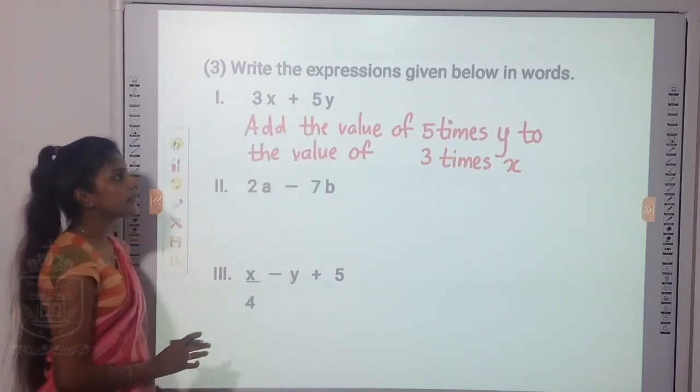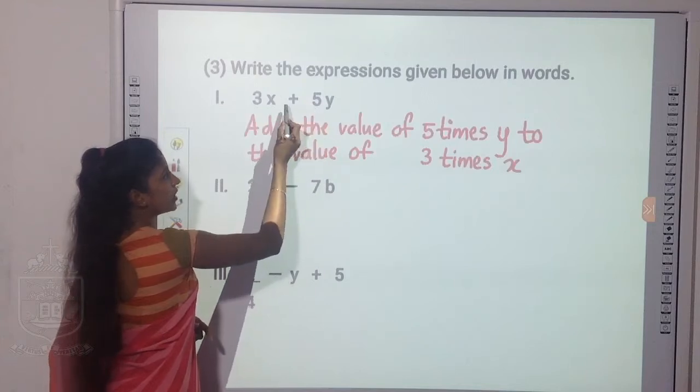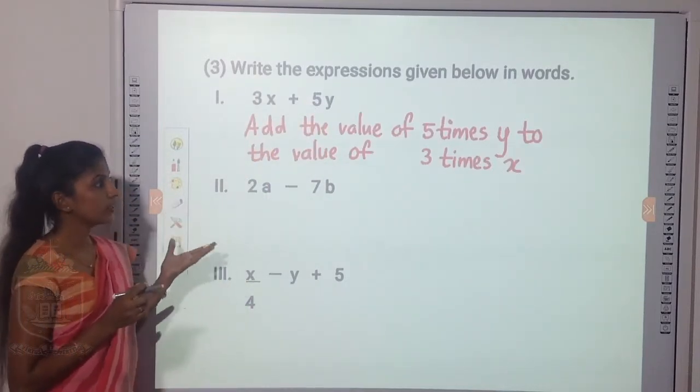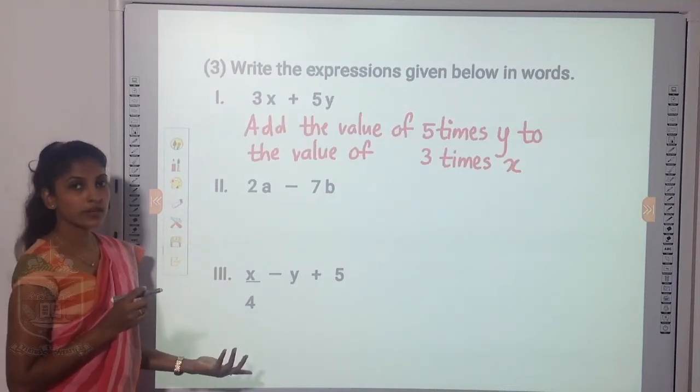Add the value of 5 times y to the value of 3 times x. So likewise, you can write these expressions in words.